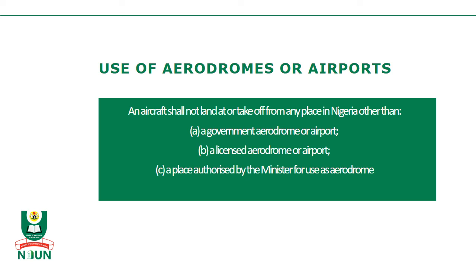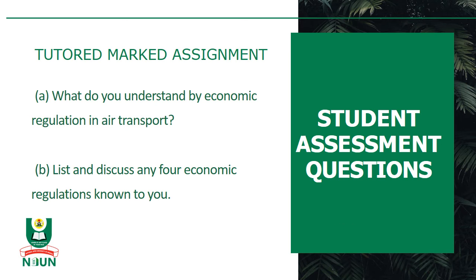It is not like a transport park, where anyone could create a park. What they are trying to say is that it is only the government or licensed aerodrome or airport, or the one that is authorized by the Minister for the use of an aerodrome, that can be used as an aerodrome or airport.